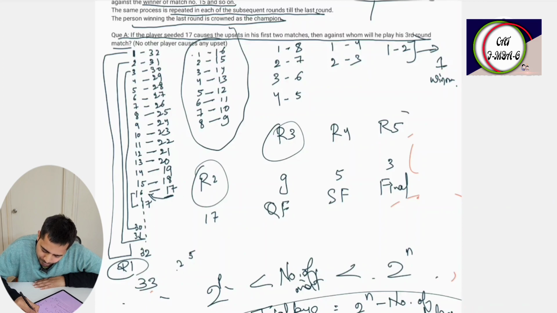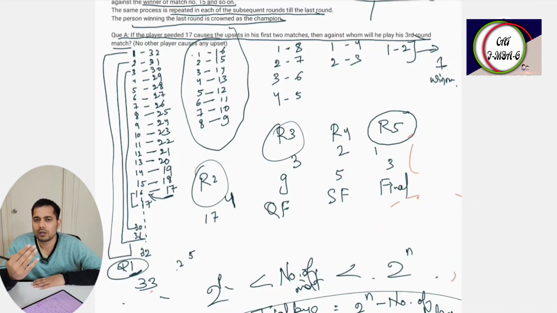So one upset will definitely be in round 5, another upset will be in round 4, another upset will be in round 3, the final upset will be in round 2. You cannot have an upset in round 1 because a maximum of 4 upsets you can have, and you want the lowest seeded person to be the winner.